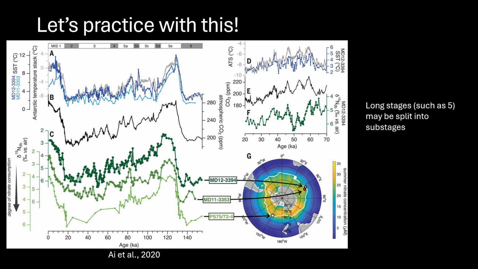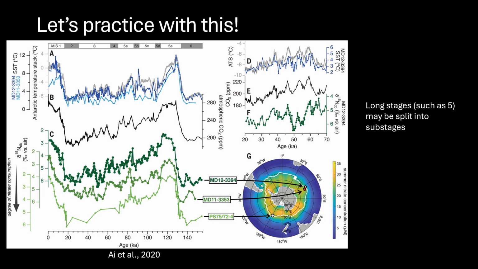So you can see here 5E, it's very warm. It's the peak of the last interglacial. 5D and B were a bit cooler. 5A was also relatively warm. You'll notice A, C, and E are odd numbered letters. B and D are even, so it makes sense that they're the cooler ones.